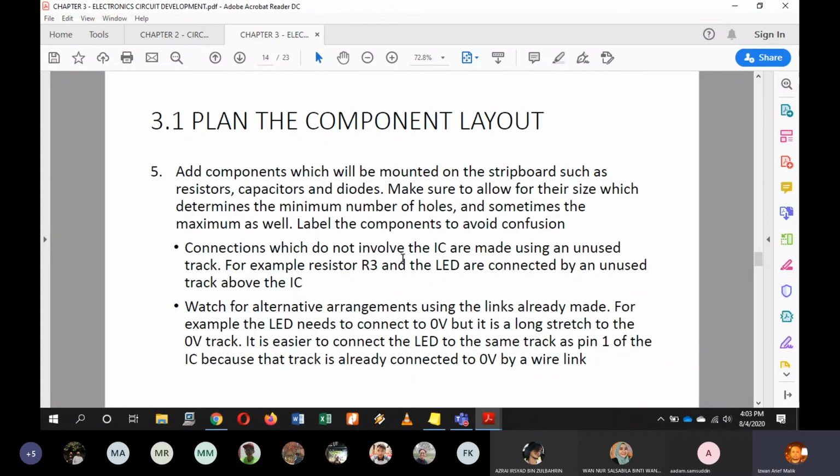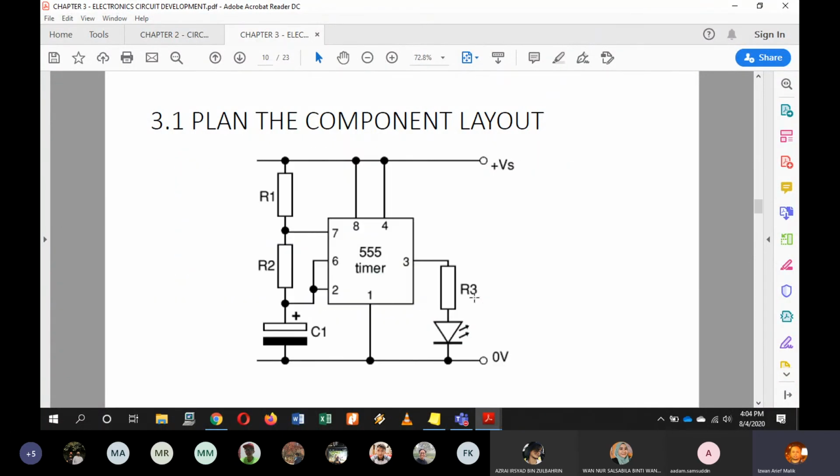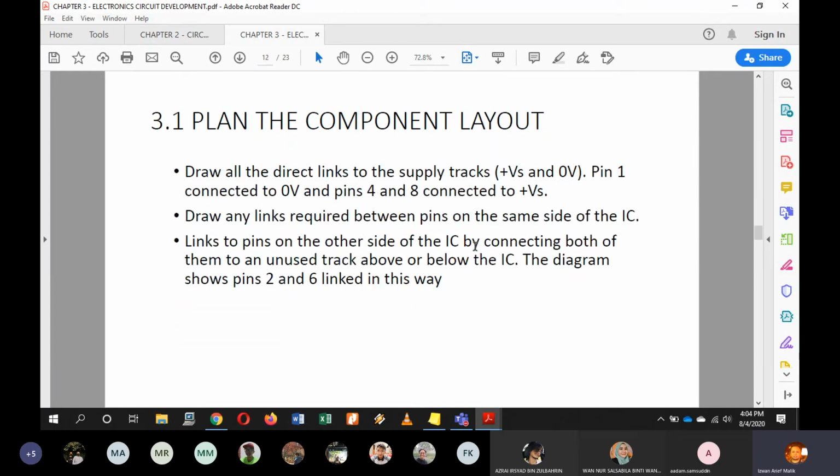Connections which do not involve the ICs are made using an unused track. For example, R3 and LED are connected by an unused track above the IC. So kita tengok R3 and LED. R3 and LED is connected to pin 3 and then going to 0 volt.